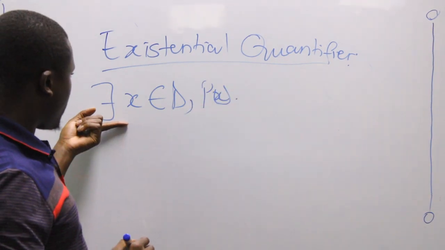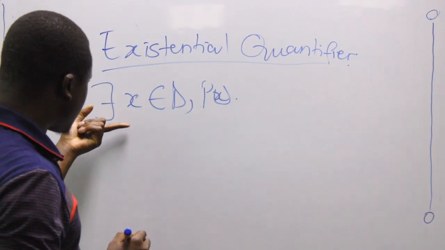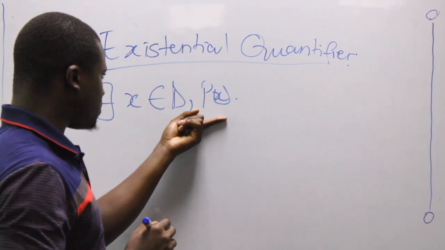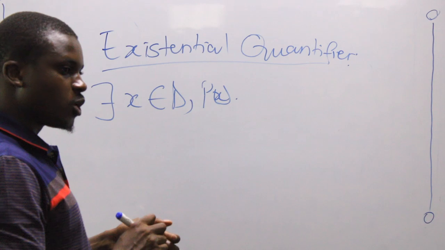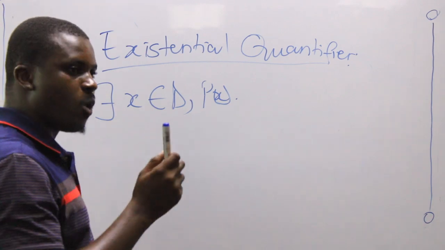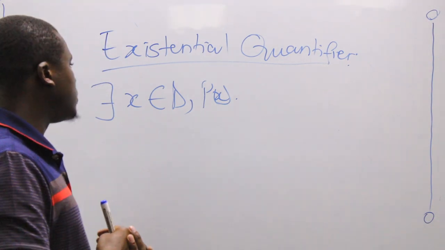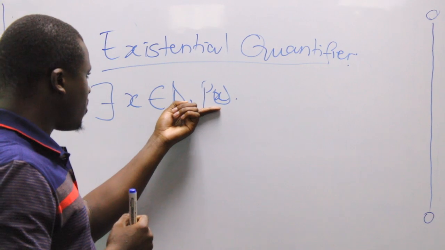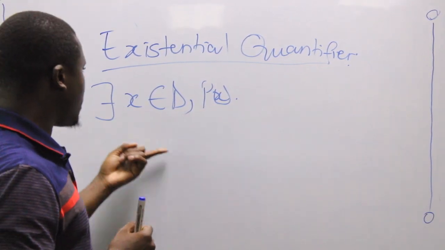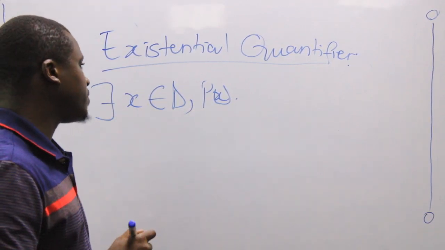So we are just saying there exists, or for some, x in D such that P of x is true. If from our domain we have at least one value for P of x to be true, then this is where we use this existential quantifier.